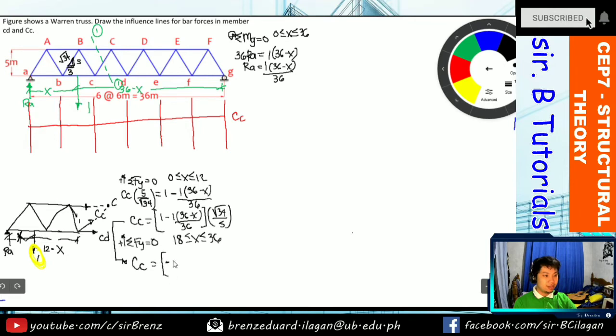So, from that, makikita mo pa lang dyan na magiging compression siya at a certain distance more than 12 up to distance of 36. Mamaya makikita nyo doon sa figure. Negative 36 minus x all over 36, and then square root of 34 all over 5.